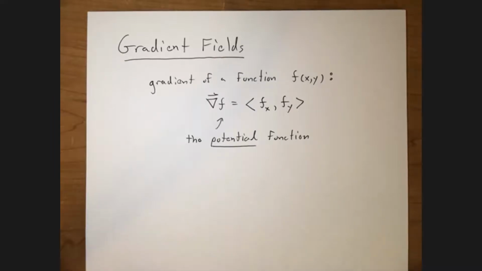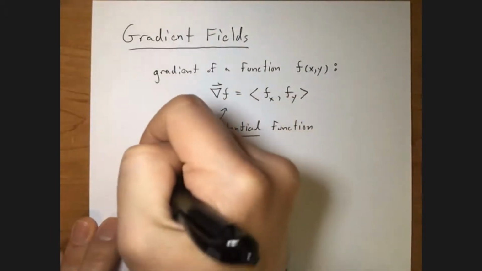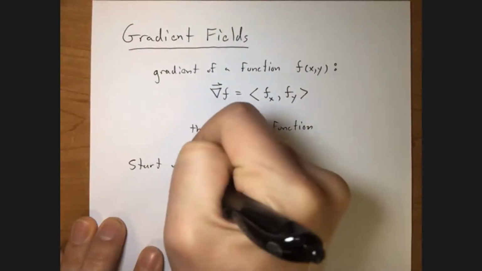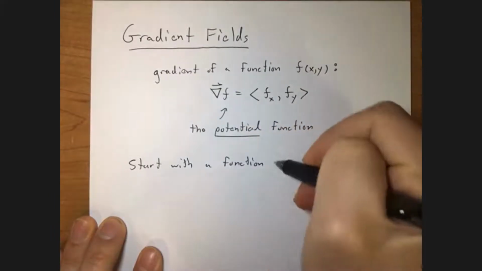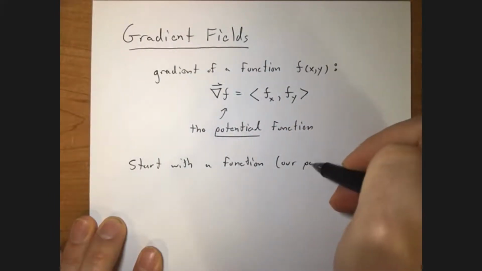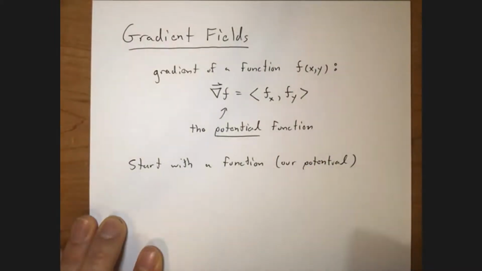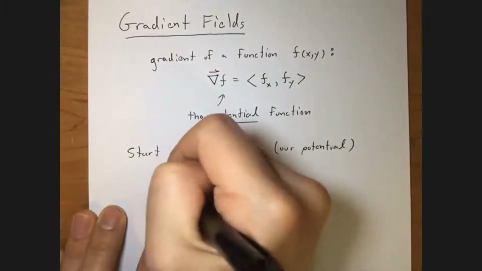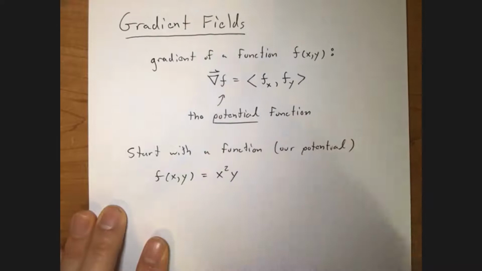Okay. So let's just take a function and see what gradient vector field it produces. All right. So let's just start with a function, and this will be our potential function. Our potential. Okay, let's look at f of x, y equals x squared y.